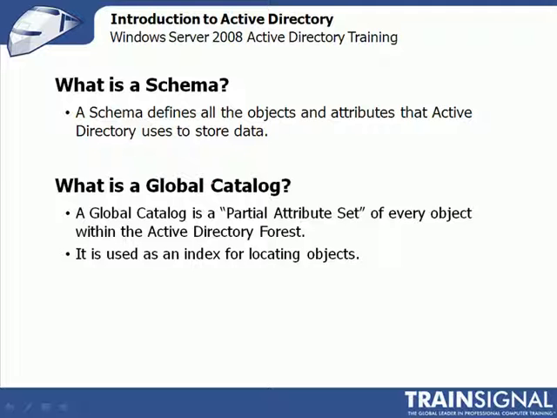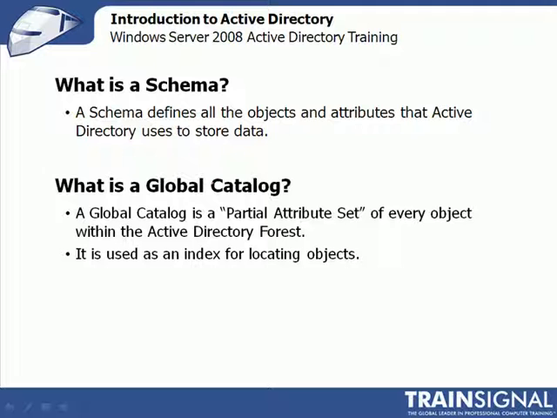This partial attribute set, the subset of attributes, are the ones used primarily for searching, for locating objects. So the global catalog is a form of index, so to speak. It indexes everything in the forest so that anything that needs to be found can be found from anywhere.